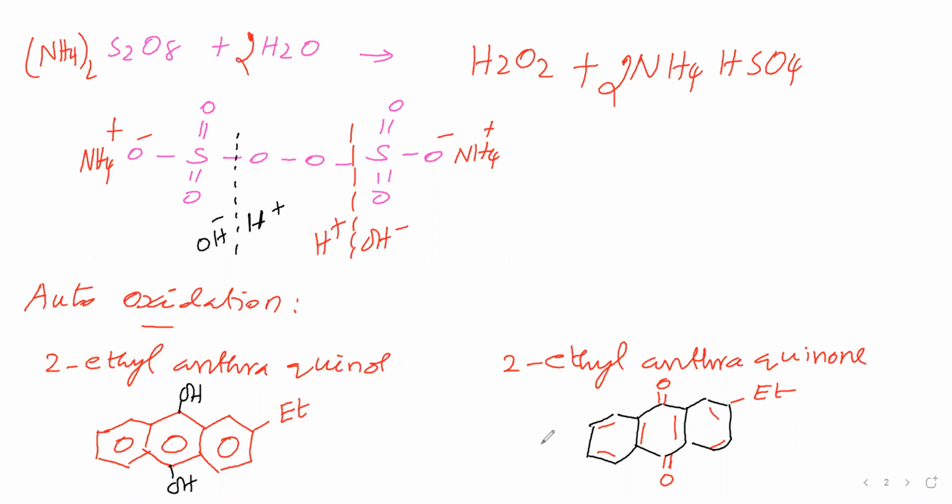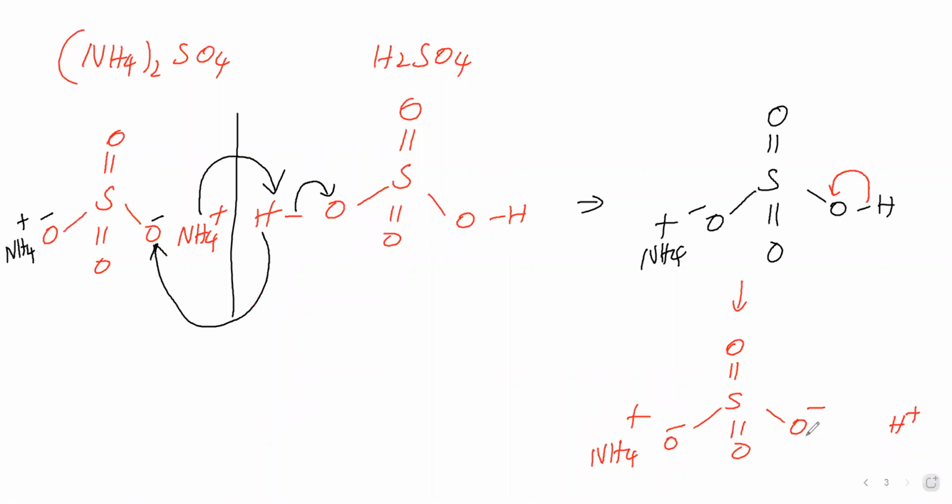Now we are going for auto oxidation, in order to manufacture hydrogen peroxide. First we will take 2-ethyl anthraquinol for auto oxidation. 2-ethyl anthraquinol we are taking.